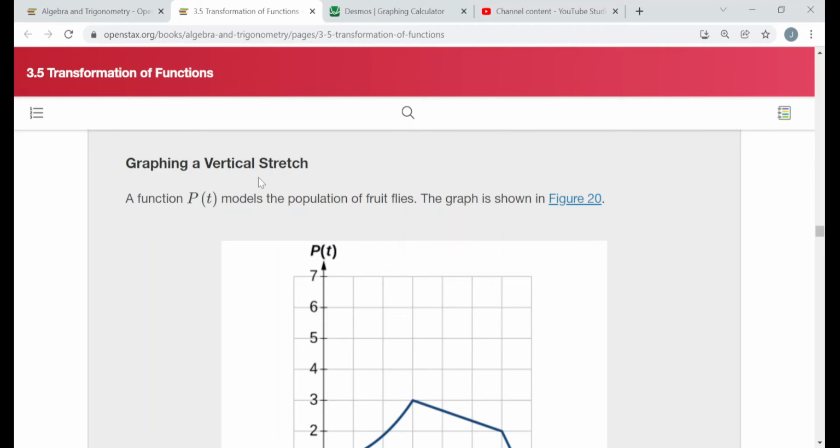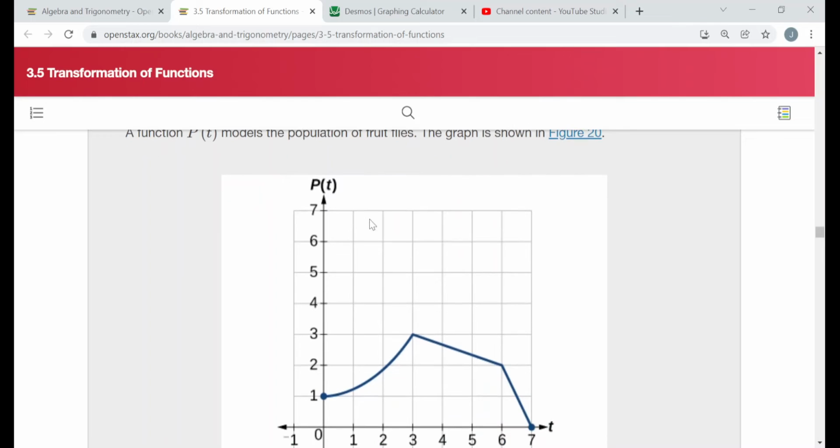graphing a vertical stretch. All right, so the first thing we're going to talk about is stretching or compressing a graph vertically, right, up and down. So here a function, say P of t, models the population of fruit flies over time, and this graph is shown here.